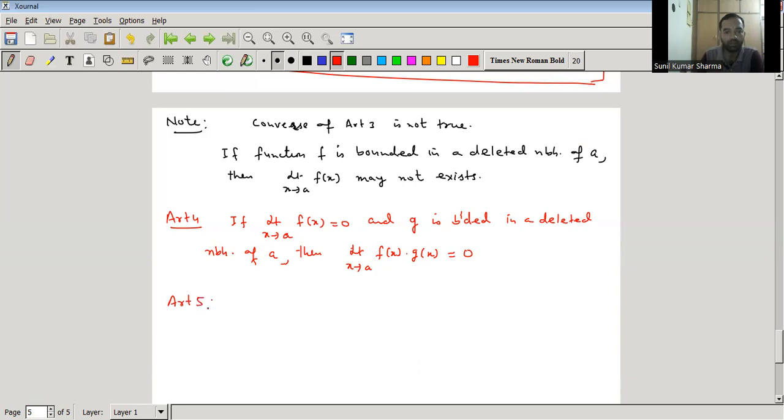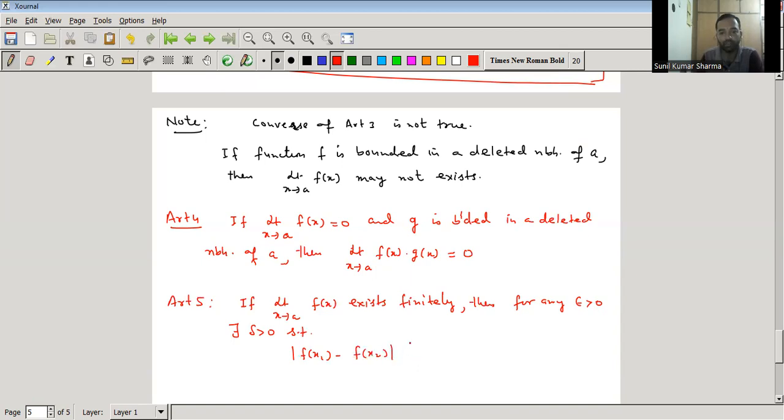Next article is, if limit x goes to a, f of x exists finitely, then for any epsilon greater than 0, there exists delta greater than 0, such that mod f(x1) minus f(x2) is less than epsilon.